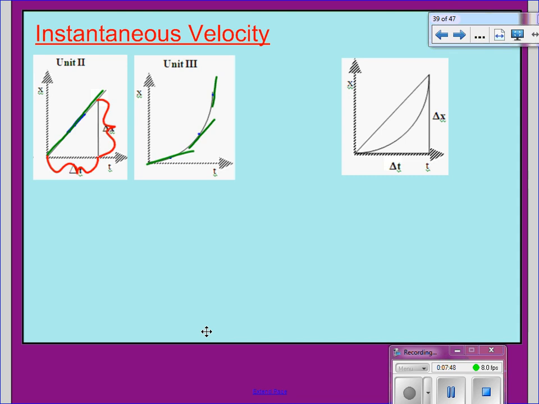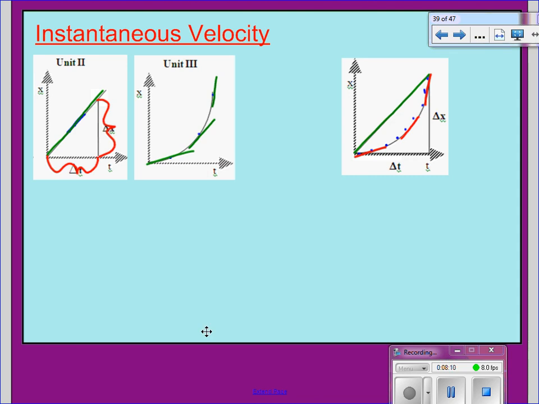But notice here, the average velocity slope, which is represented in green, does not necessarily match the slopes at given points A, B, or C. So the average velocity is not a good indicator of the velocities at every single point in time along this curve.